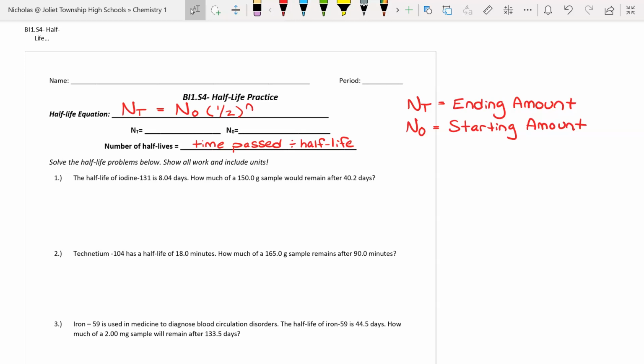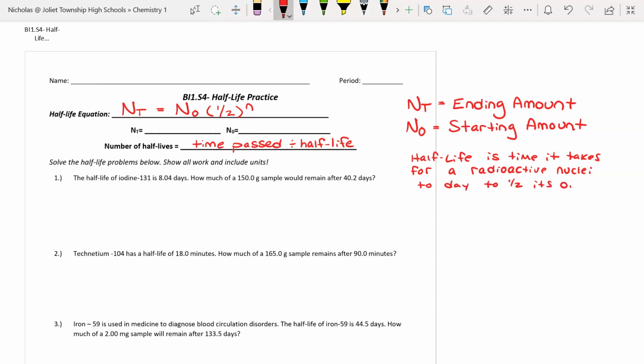Okay, and just in case you weren't here that day, half-life is the time it takes for a radioactive nuclei to decay to 1/2 its original mass.